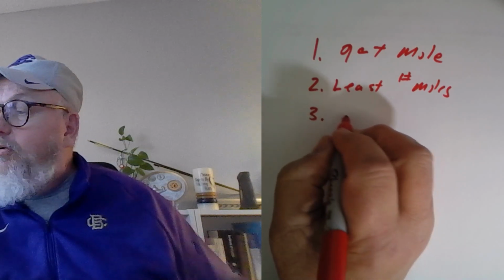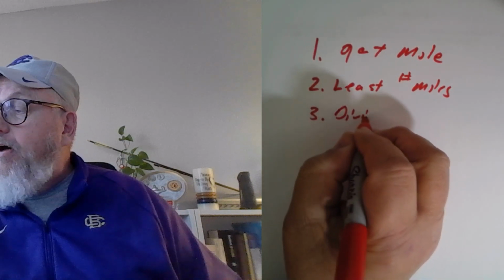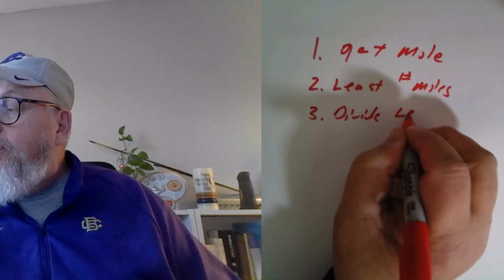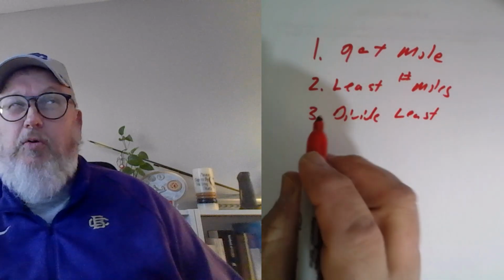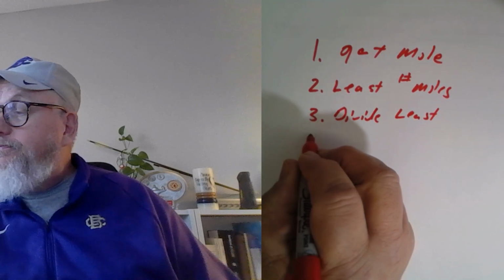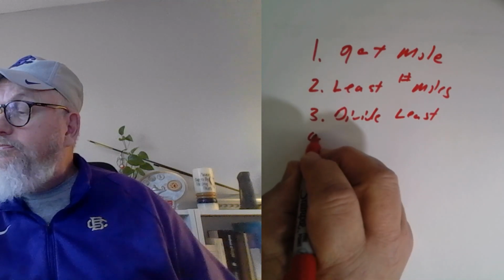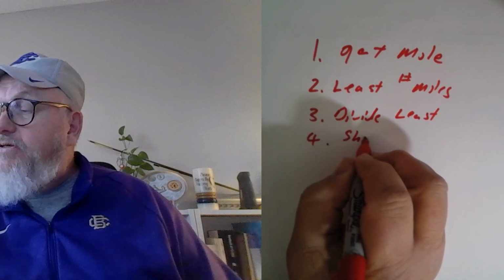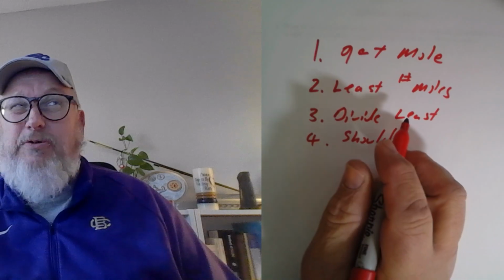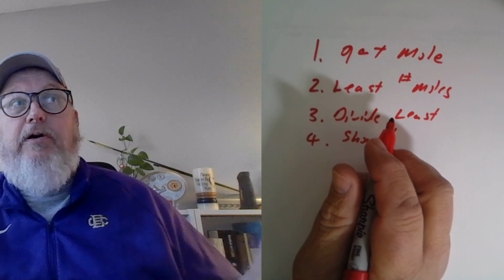You're going to get a relative number of moles. Divide by the least, and that should give you some whole numbers. And if it doesn't, and we've got some examples in here, we're going to use some tricks to get to the correct number of moles.